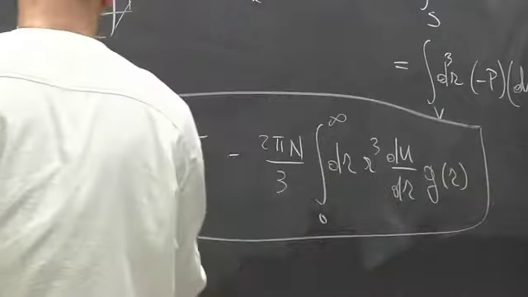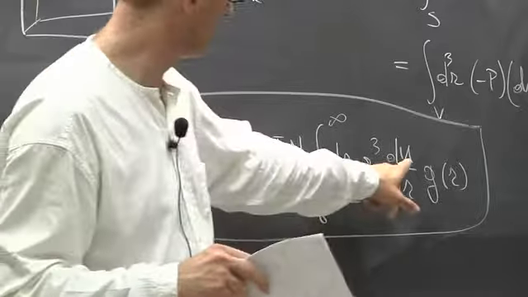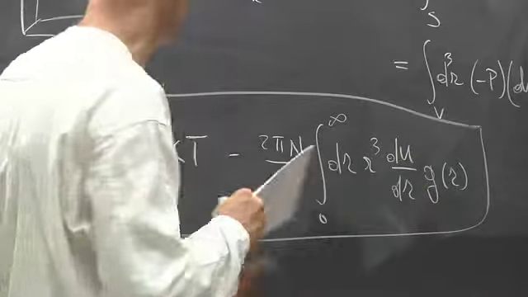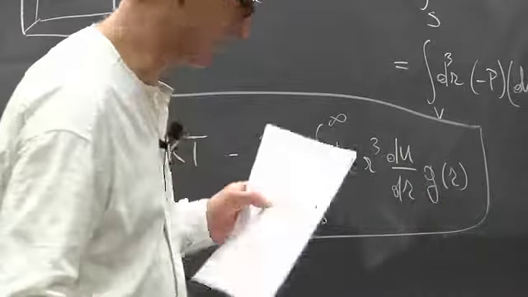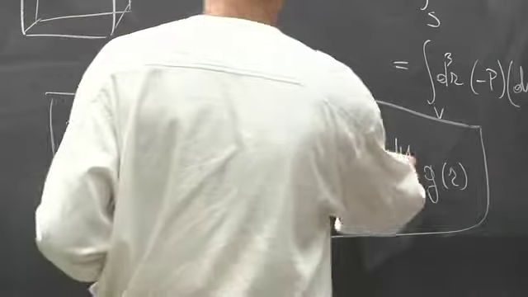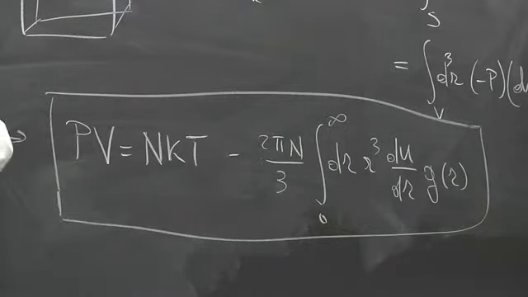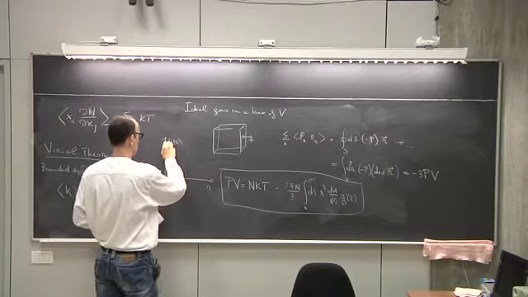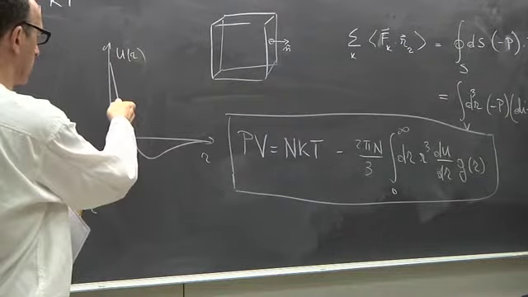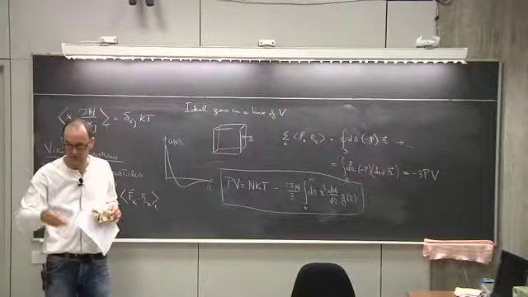This is a general equation which is valid for all gases. Here u is the potential between the particles. It is a central potential which only depends on the distance between the particles, and typically u of r has a form like this: a repulsive part, an attractive part, and then it goes to 0 at large distances.